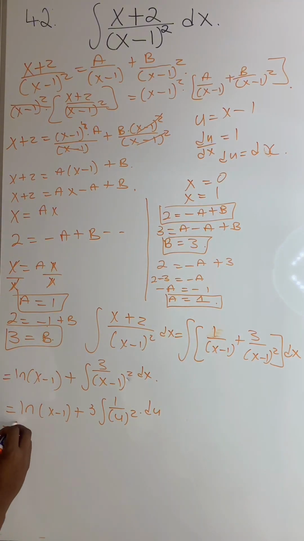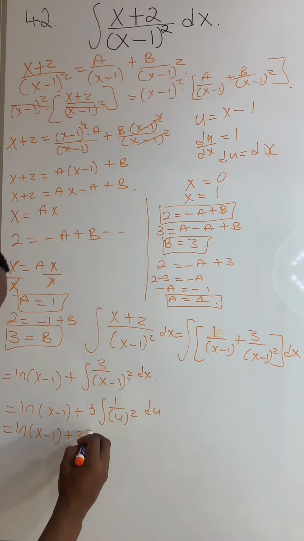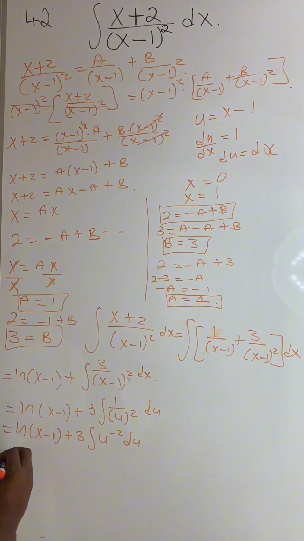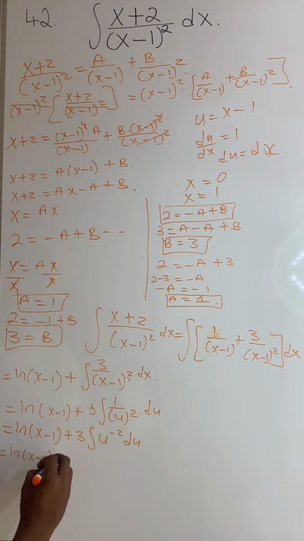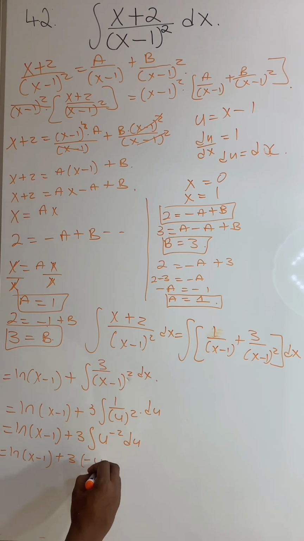This will be equal to ln of x minus 1, plus 3 times, integrating u to the power negative 2 gives us negative u to the power negative 1.